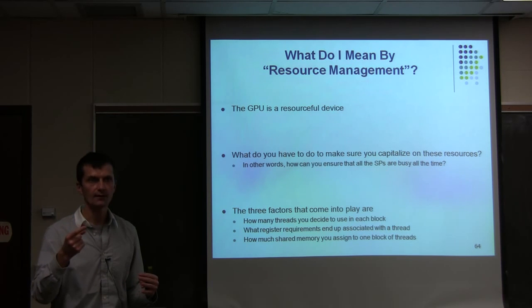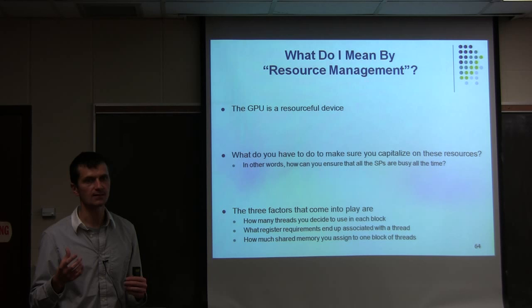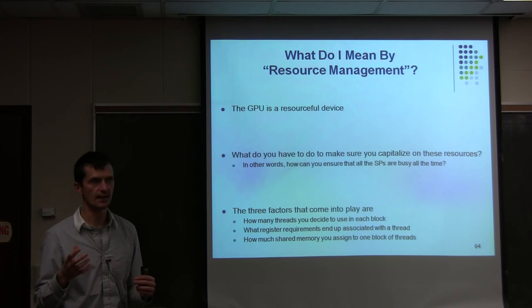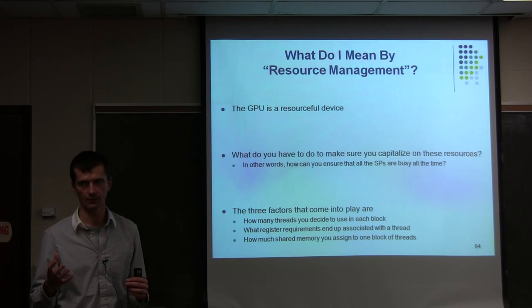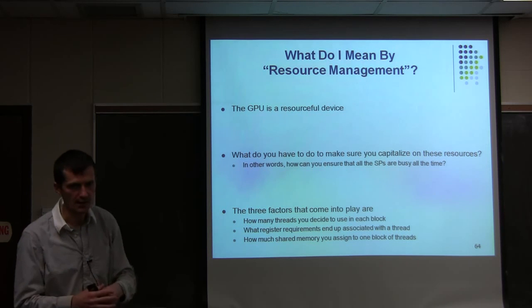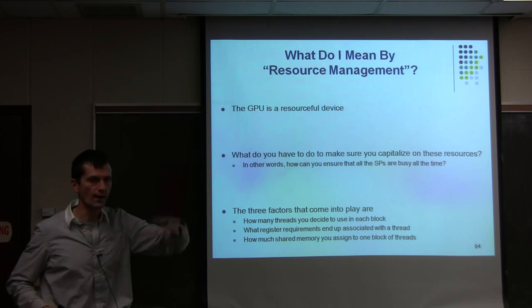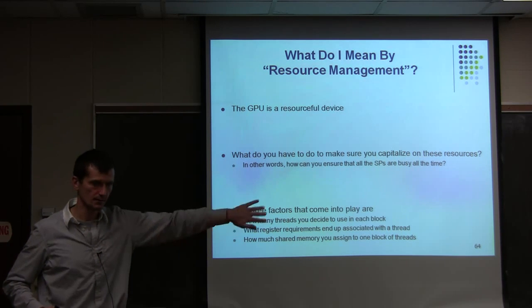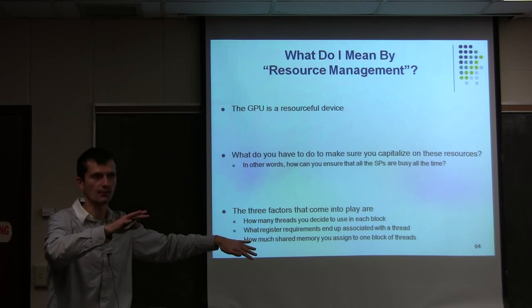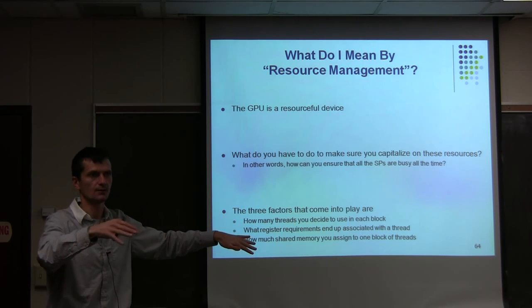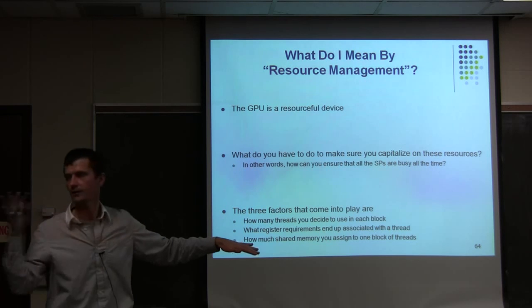The more you have, the better chance you have of not ending in a situation where the scalar processors are data starved. Okay. Because if you have many warps, one hits a read, goes away, the next one comes, executes, hits a read, goes away, and I grab another one.